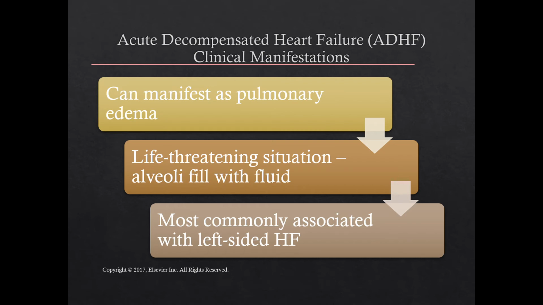So acute heart failure can manifest again as pulmonary edema. And again, it's a life-threatening situation, right? With pulmonary edema, think about the lung alveoli now being filled up with fluid, serous fluid, sanguineous fluid. The whole interstitial area is just becoming oversaturated. And let's catch this.